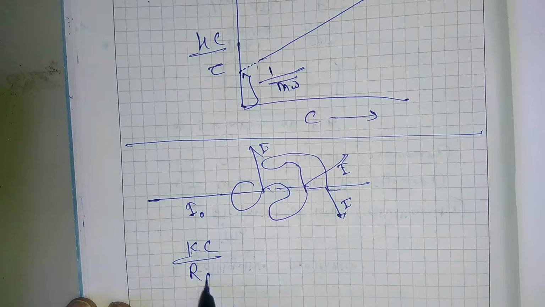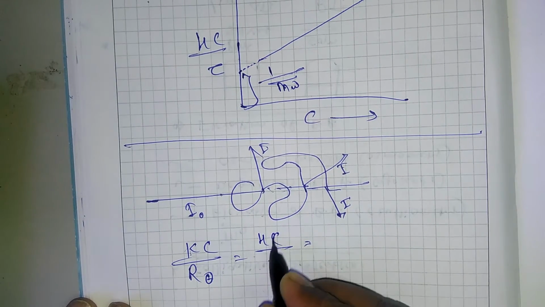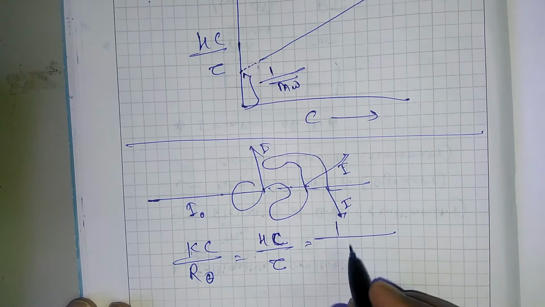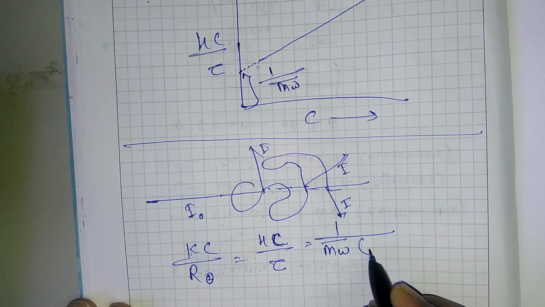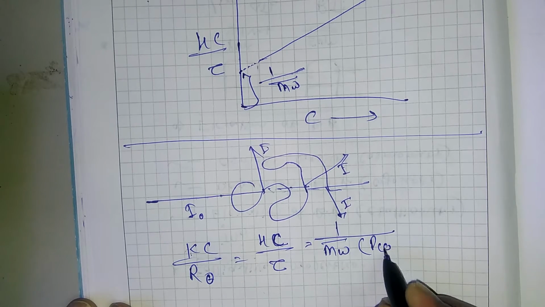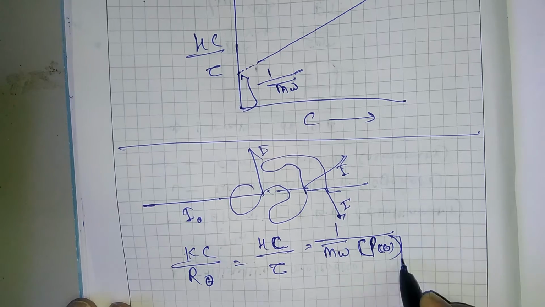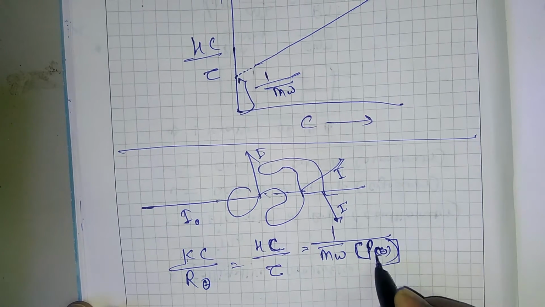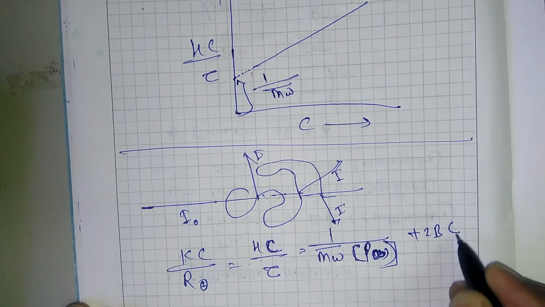Kc/Rθ is equal to Hc/τ, equal to 1 by M̄w into 1 by P(θ) plus 2Bc.